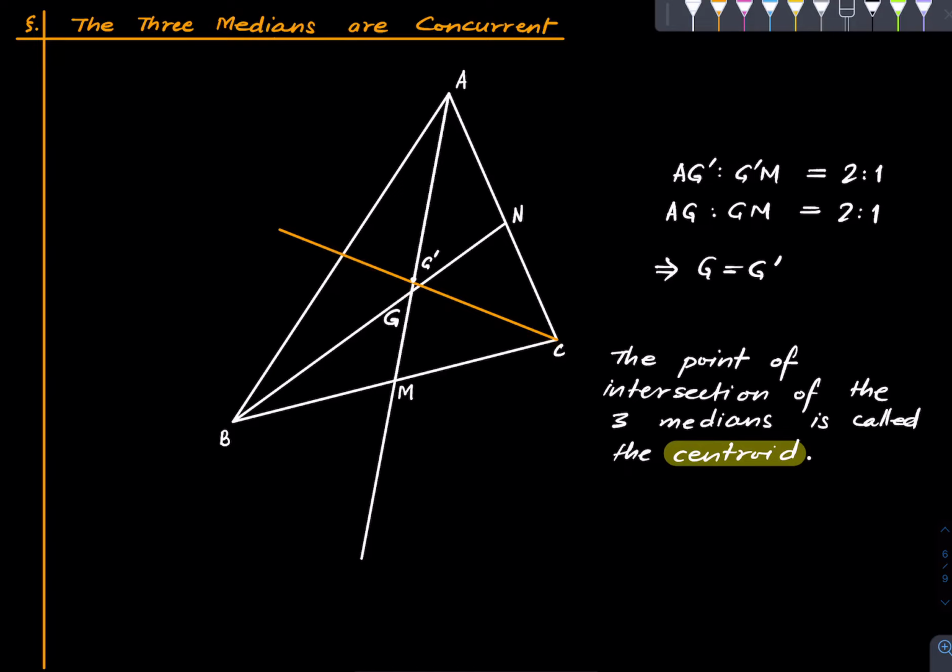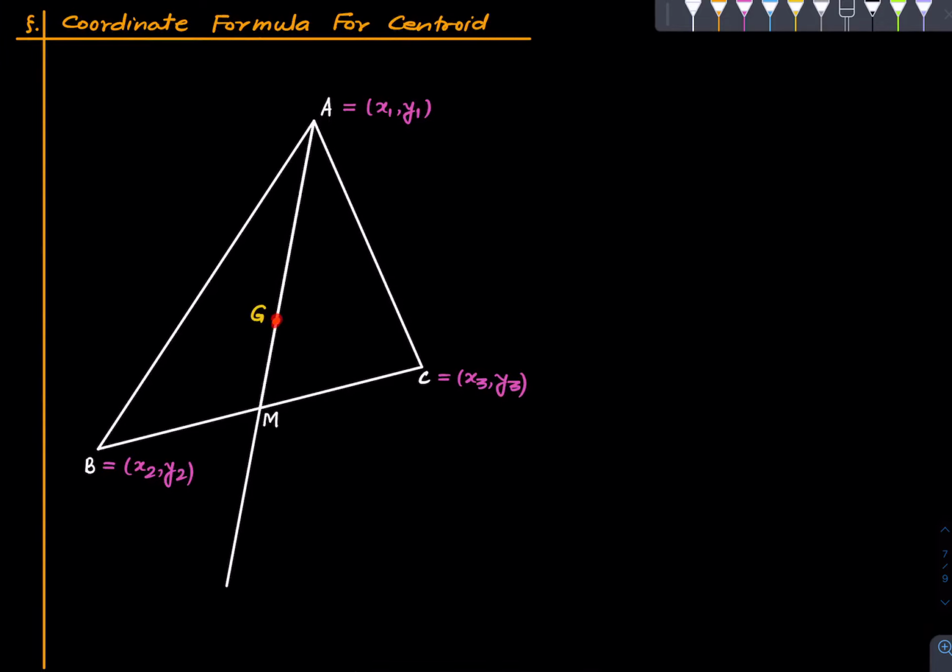So the centroid divides the medians in this ratio, 2:1. Okay, and now we are in business to find the coordinates of the centroid.